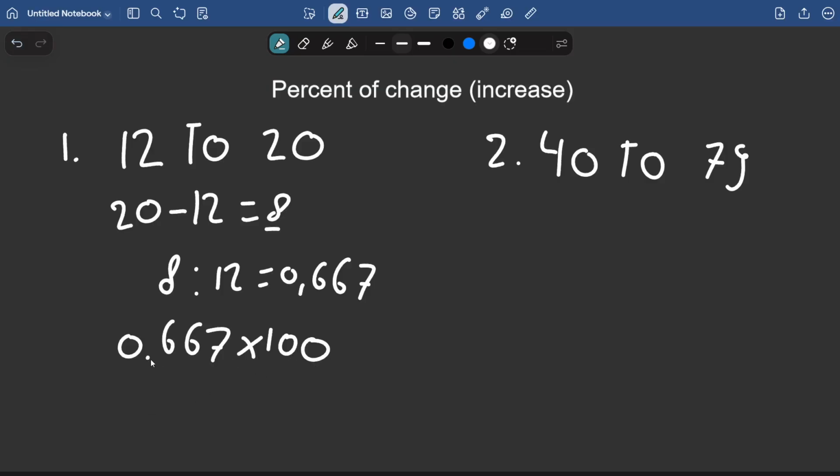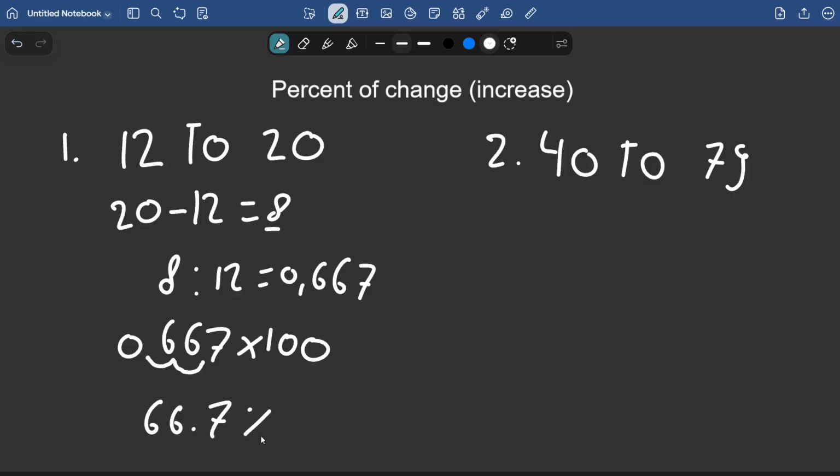You can move the decimal point by two places, like this: 1, 2. So the answer is 66.7, because the 0 in the front doesn't have a value once the point is over here.